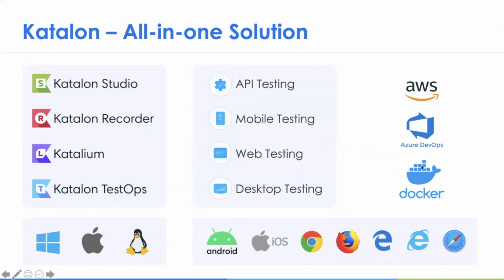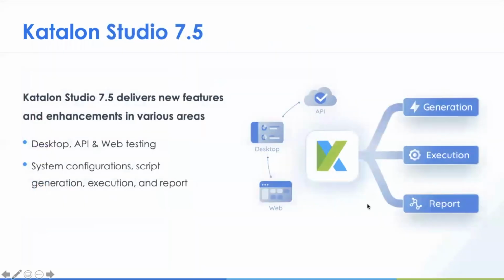I won't let you guys wait any longer. Katalon Studio 7.5 is one of the versions where we have a lot of new features and enhancements. It covers various areas in the tool, not only desktop or API, but also web testing.